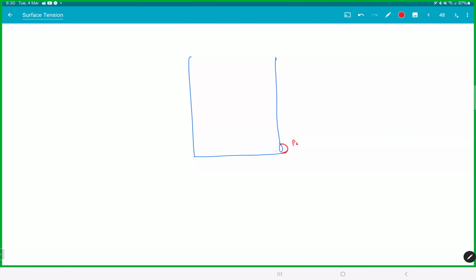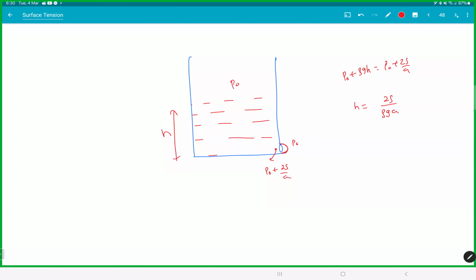So if this pressure is P naught, what will the pressure be here? P naught plus 2S by A. That means for this water to come out, if you take this height to be H, this is P naught. This is the next question we are going to do actually. So P naught plus rho g H is P naught plus 2S by A. Means you need a height of 2S by rho g A, which is actually the height of the meniscus capillary, in order to first break this bulge. You getting this?